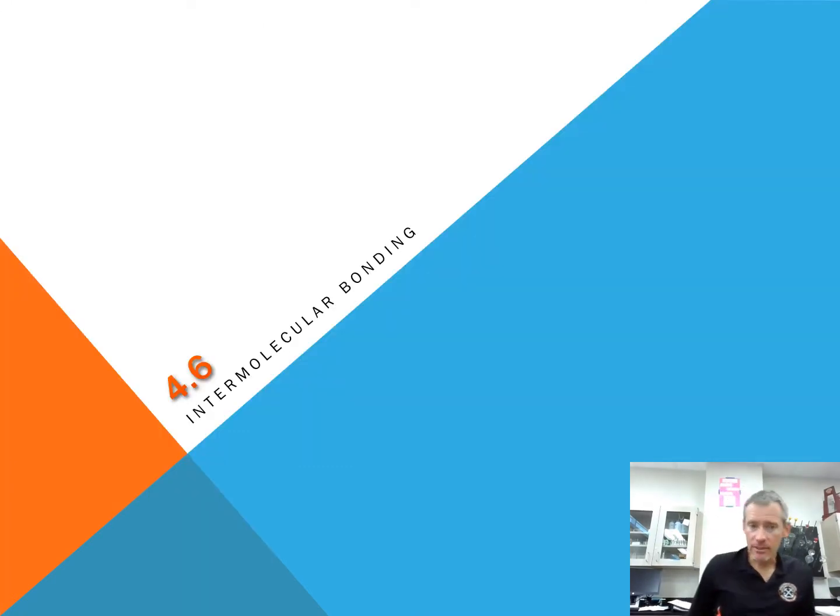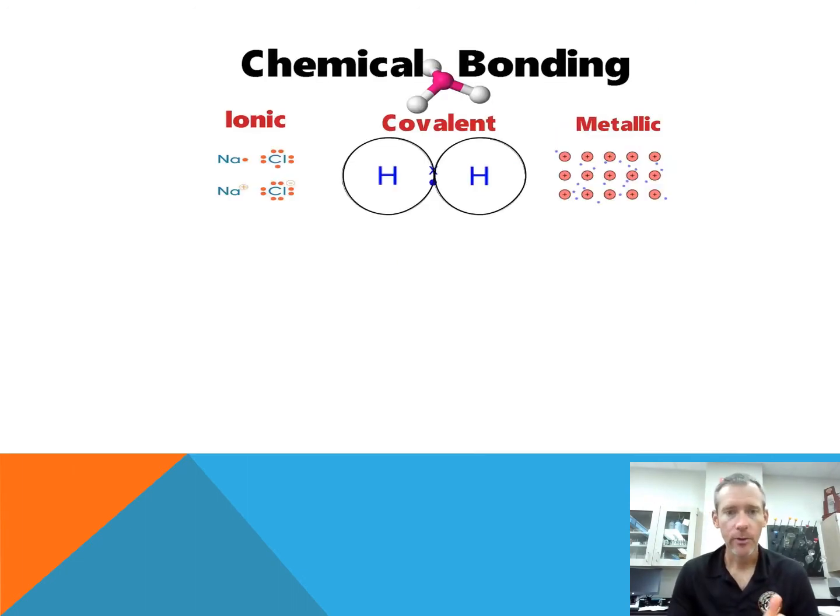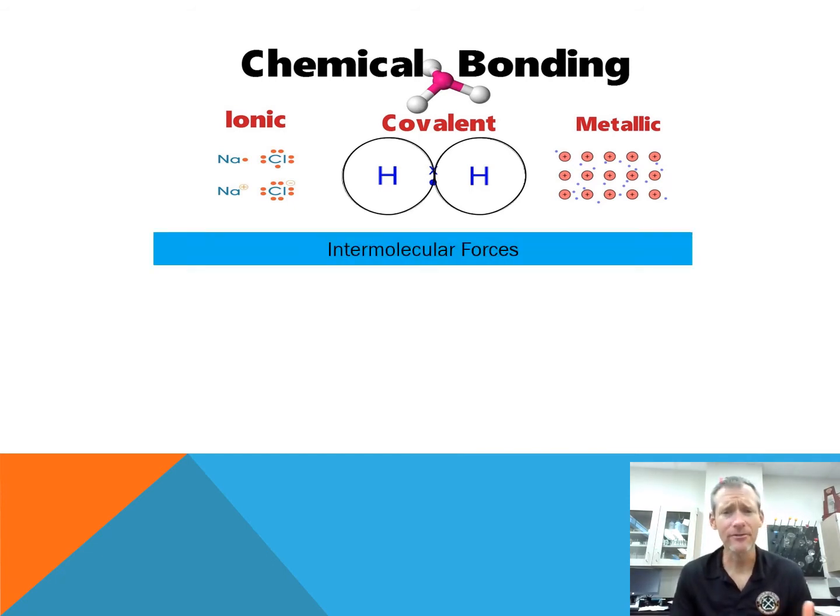All right, intermolecular bonding. So this is the key aspect of these notes. So we have your ionic, covalent, metallic bonding. Really this focuses on the ionic and covalent, specifically the covalent ones. You have intermolecular forces.